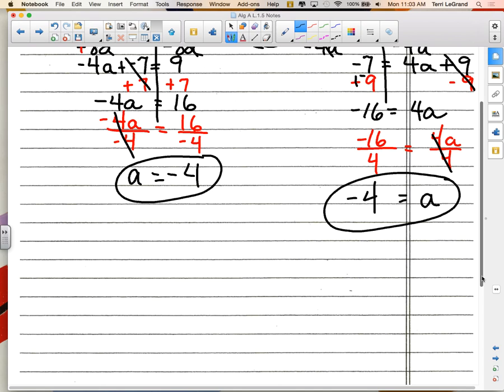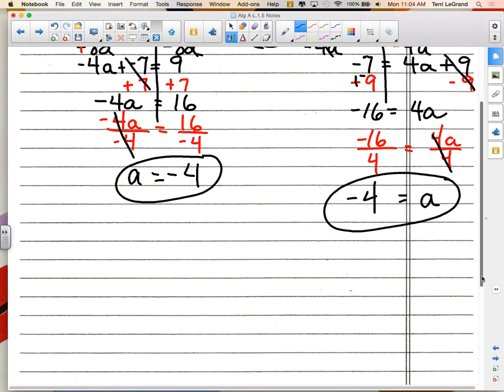What was missing in that one? Negative numbers isn't necessarily the problem. On one of the sides, what's missing? The constant. So if we don't have a variable term and a constant on both sides, one of the sides is missing a constant.